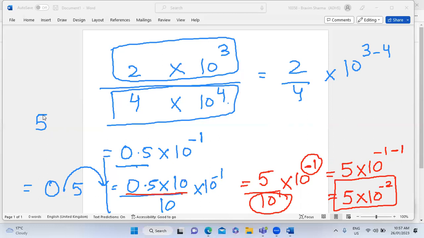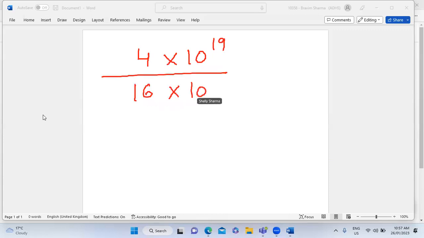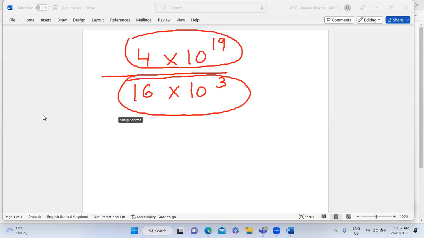Let's take one more question. For example, I have 4 times 10 to the power of 19 divided by 16 times 10 to the power of 3. So we have two numbers which are in the standard form and we have to divide them.